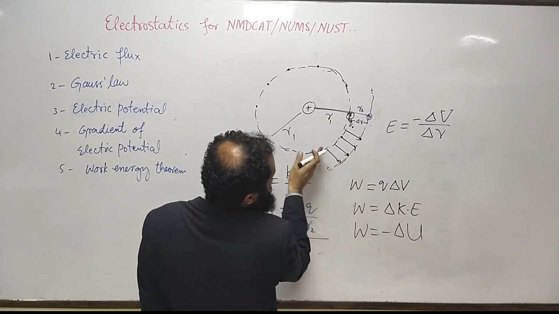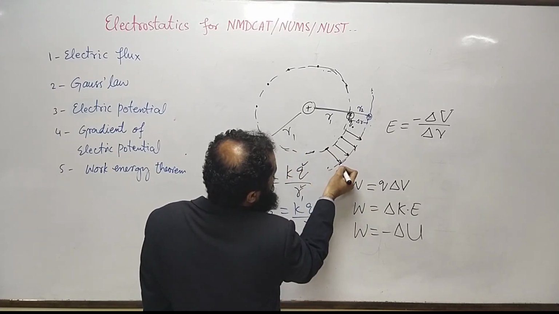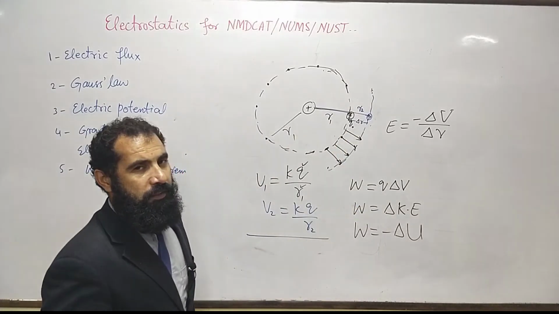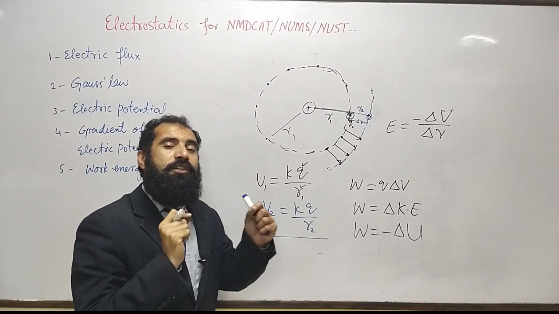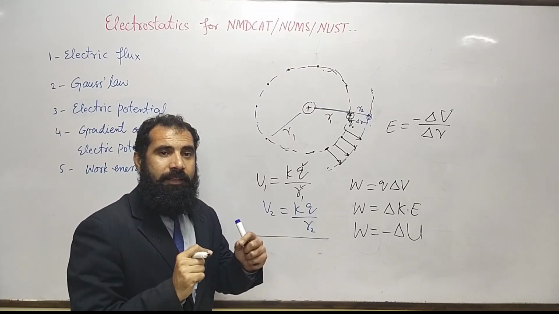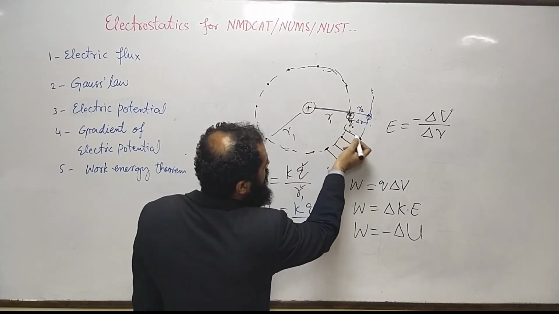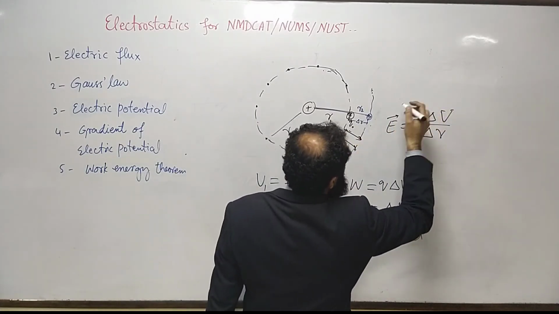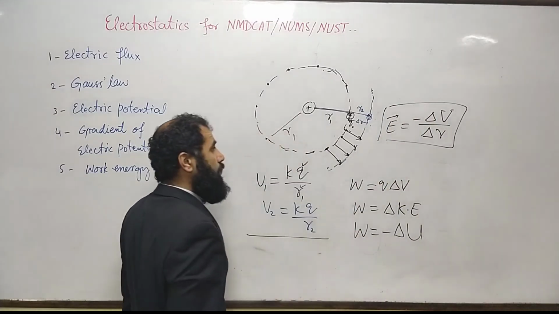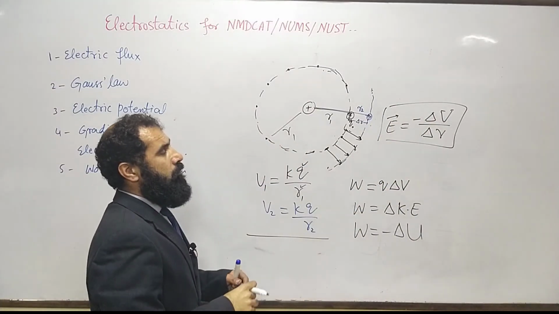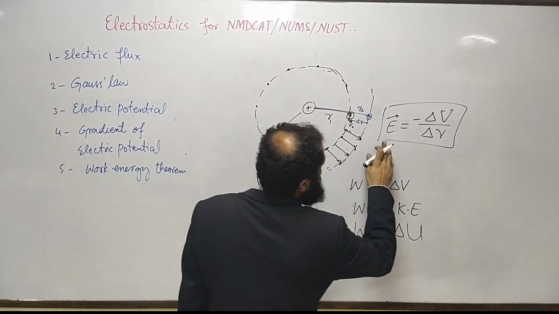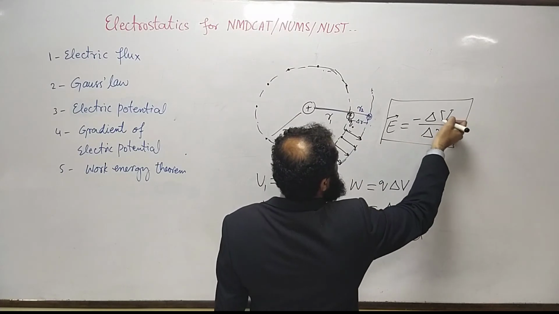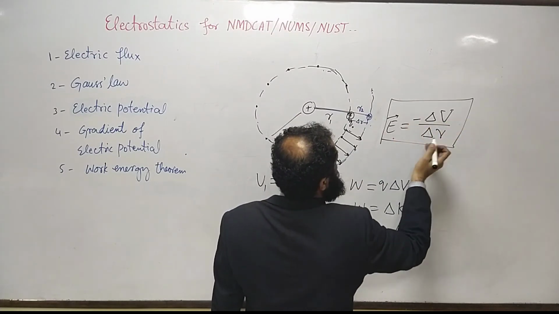Why? That is because there is difference in the potential of these 2 points. There is always electric field in the 2 points having different potential. So these 2 points have different potential, that is why there is electric field. We derive this expression too at the end, but let me first discuss the work energy theorem in this case. This is very important, and from here you can see that electric field has units of volts per meter.